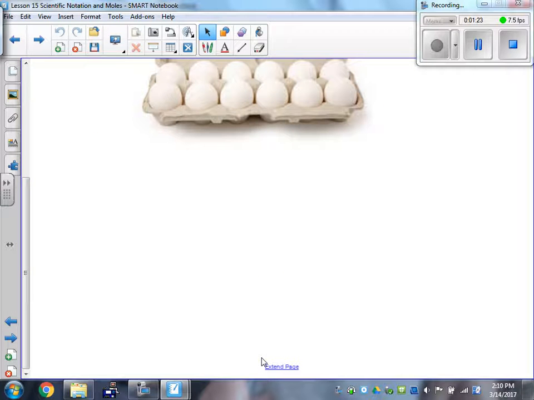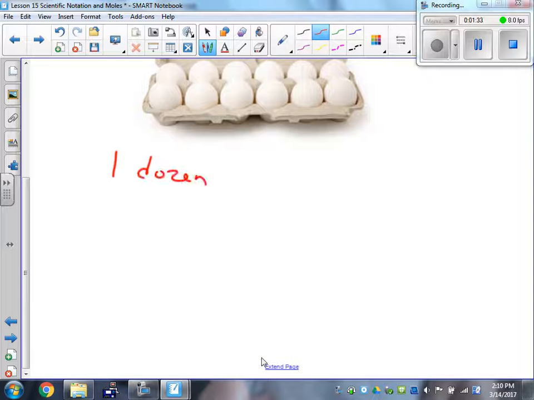I gave you this example yesterday with the eggs. A dozen eggs, of course, is 12. So 1 dozen is 12 eggs. The question was, if I had 3 dozen, how many eggs would I have?